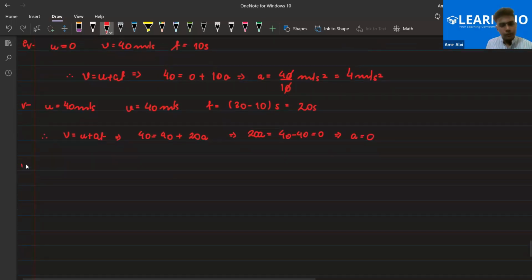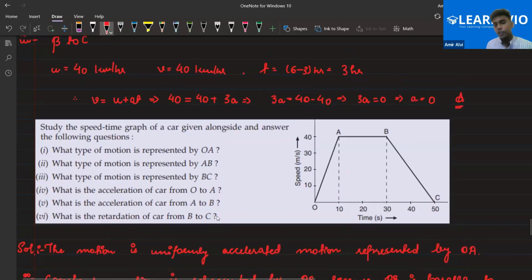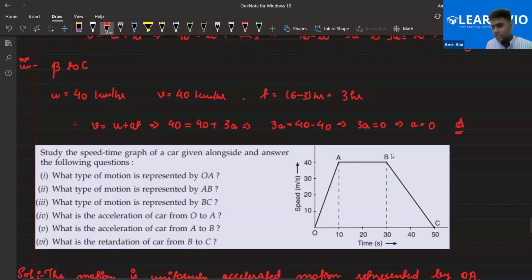Okay? So the 6th part is the acceleration, retardation from B to C. In this case, what is the initial velocity? Sarah and Farhan, tell me the initial velocity in this case. Sir, 40 meter per second. 40 meter per second. What is the final velocity in this case? Farhan, tell me.